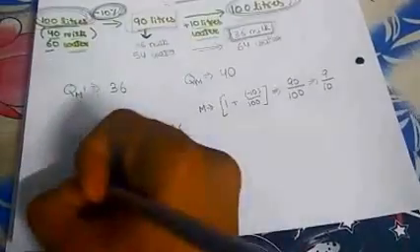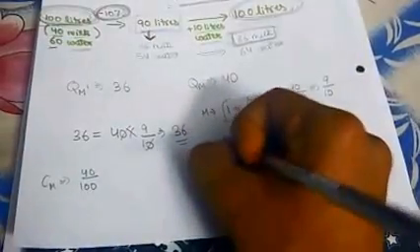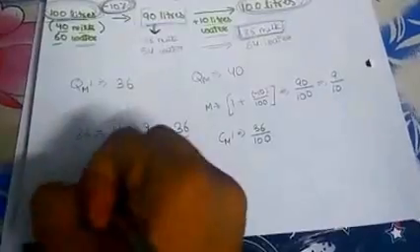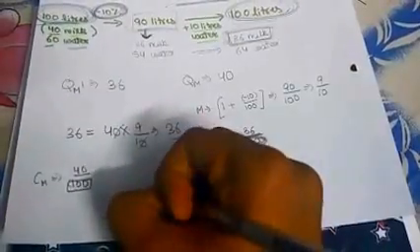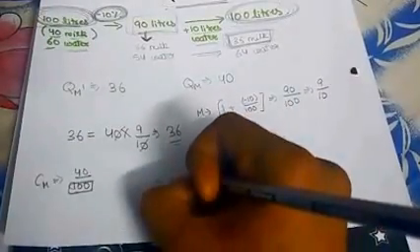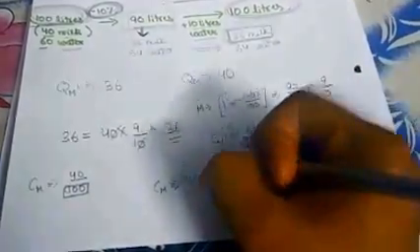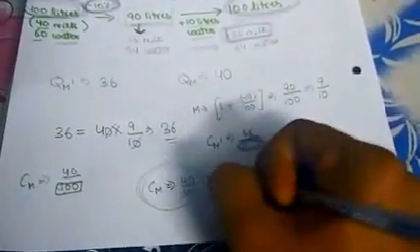So the initial concentration, the Cm for milk, was 40 by 100, and the final concentration is 36 divided by 100. So you can see here, this denominator remains the same. So obviously Cm dash is equal to Cm, 40 by 100, multiplied by 1 minus x by 100, right?